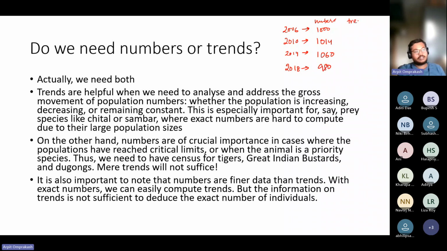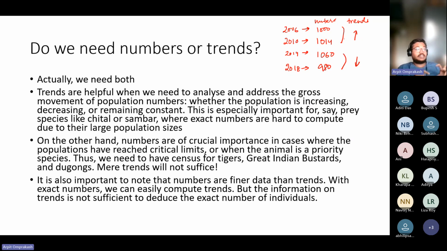Trends are not for a particular year, but we are comparing between different time points, and trying to say how the population is changing between these two time points. So between 2006 and 2010, the population is increasing. That is a trend. And if we compare 2014 to 2018, the population is decreasing. So that will be a trend, that the number is in general increasing or in general decreasing. Okay.